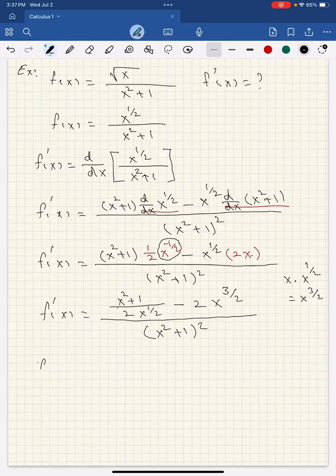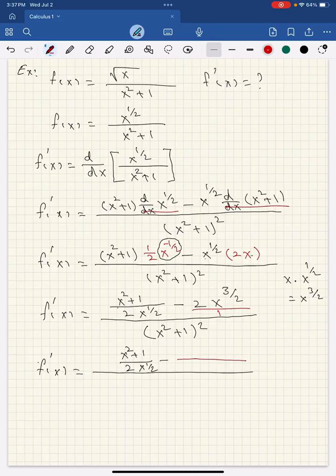f prime of x equals x squared plus 1 over 2x to the power of 1/2, minus, you have to make the denominator the same for this. Here your denominator is 1. You have to multiply top and bottom by 2x to the power of 1/2.